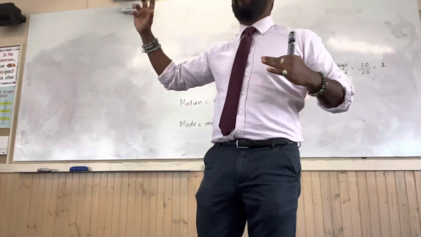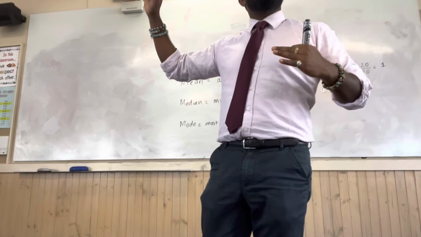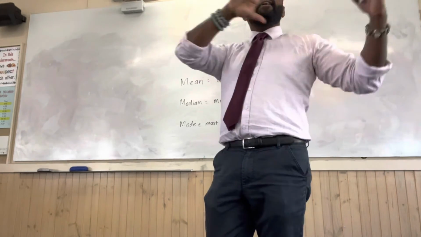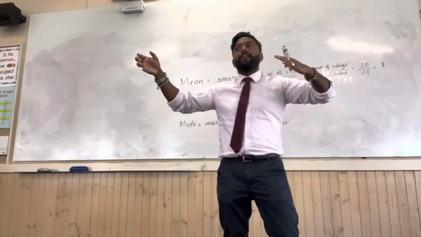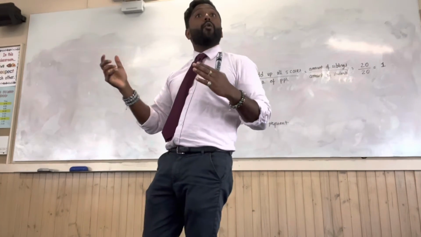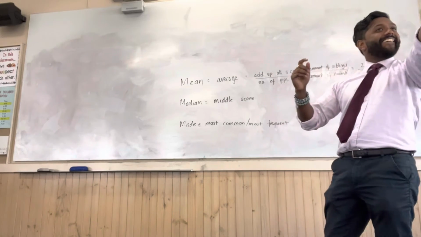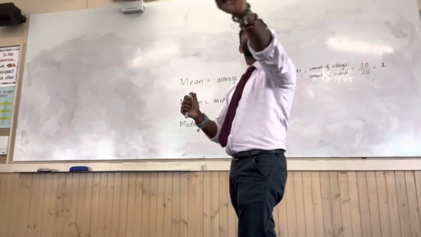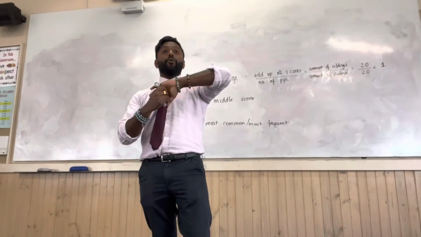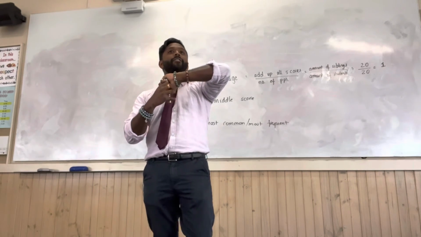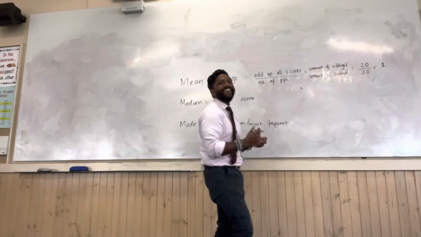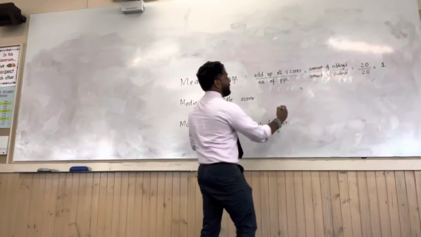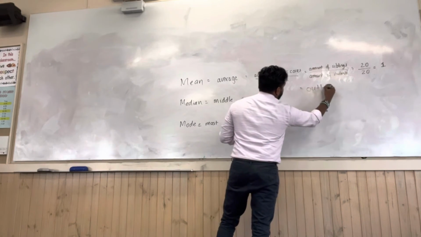It starts with the letter O. It's completely different to the whole set of data that we collected. Exemption? What do we call that? No, it starts with O. Orange? Not orange. O-U. Outlier. Yeah, that's right.